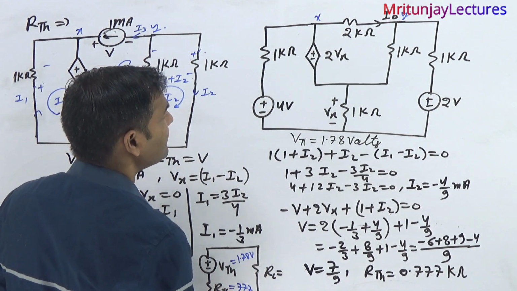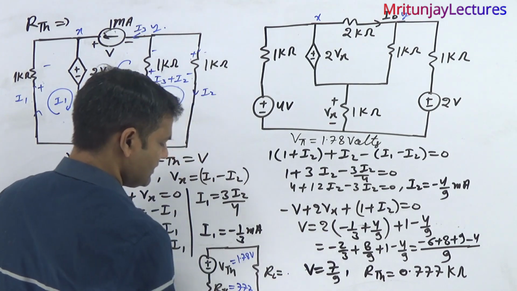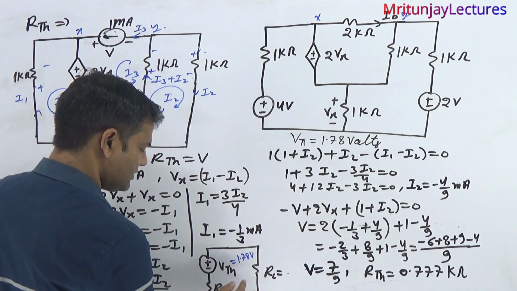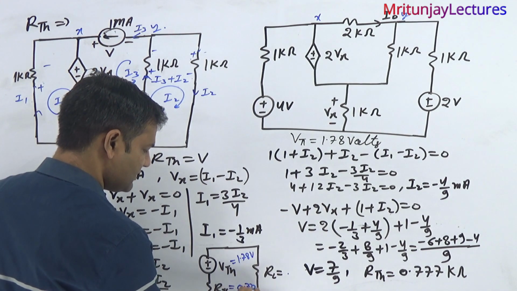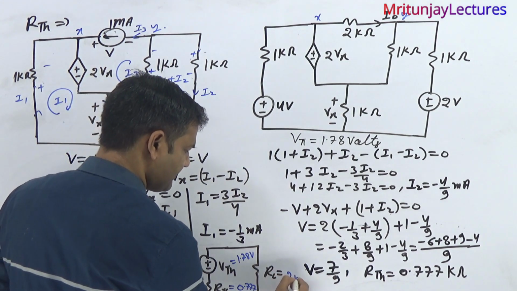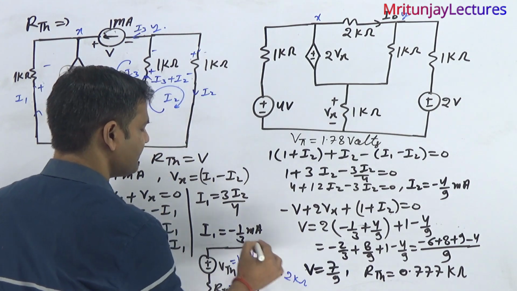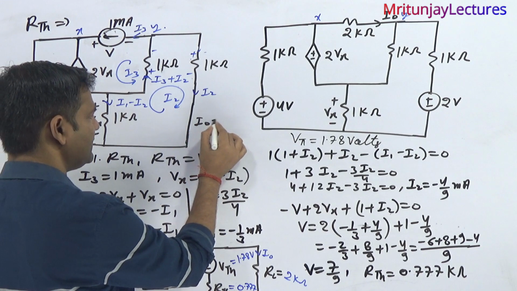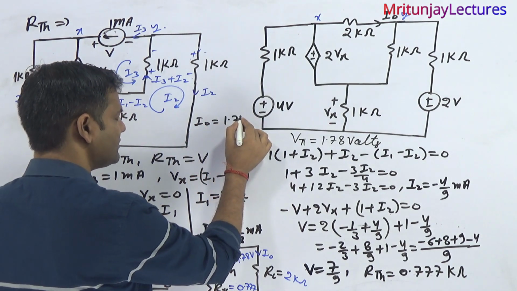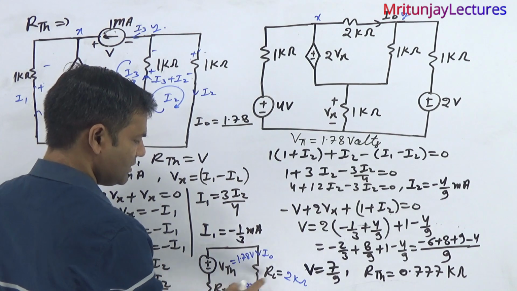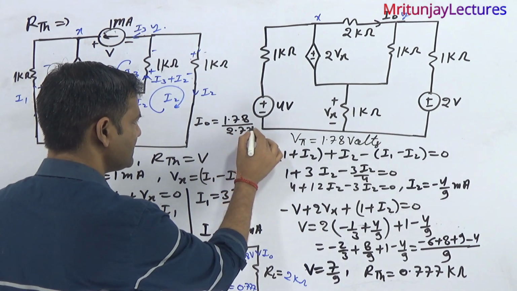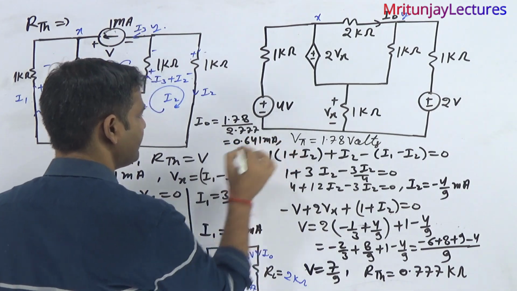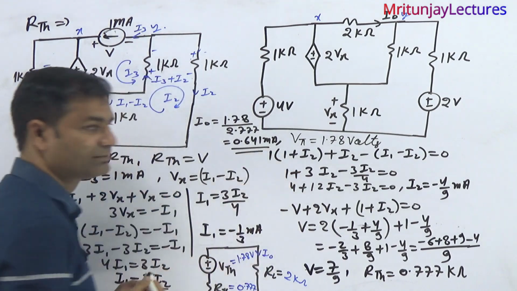And RL is 2 kilo ohm. Our motto is to determine I naught. So what about I naught? I naught is 1.78 divided by 2.777, that is 0.641 milliampere. This one is the final answer.